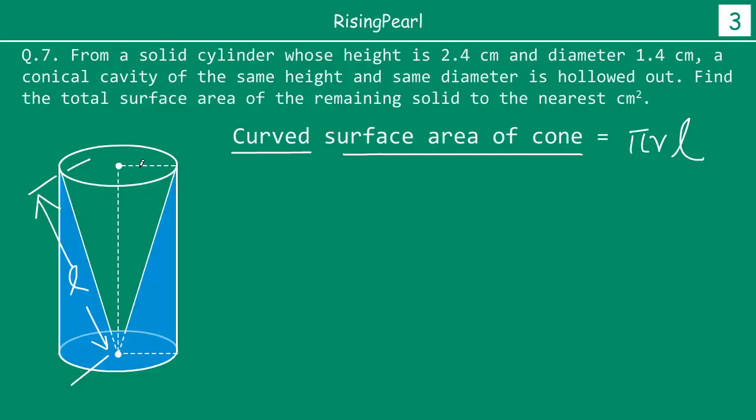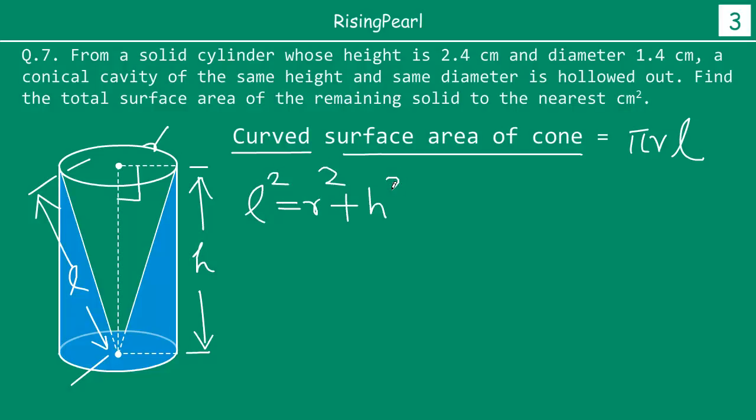We know that if we take a plane, we will get a right triangle, right? So if this is R and this is H, applying Pythagoras theorem, L square is equal to R square plus H square.